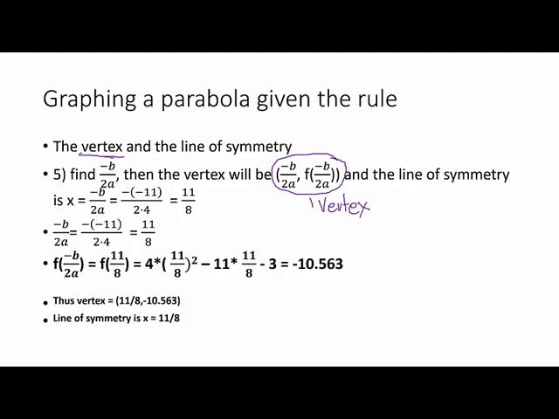This is the x-coordinate. Now you are going to take this x-coordinate, 11/8, and plug it into f, that is 4x squared minus 11x minus 3. So you plug in the 11/8 there, and you do the calculations, and the result that you get is -10.563.